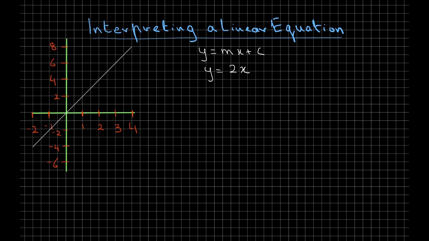Now what it actually means is, y is equal to 2x means that if we change x by 1, y will change by 2. If we change x by 2, y will change by 4. And if we change x by 3, y will change by 6. As a simple example, let's go from 2.5 to 3.5.